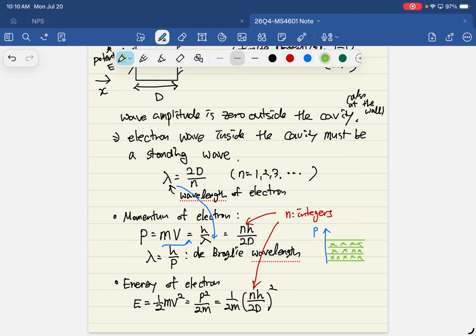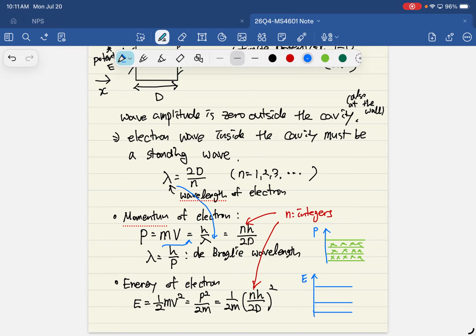And what about energy in this case? When n is 1, energy is going to be 1 over 2m times h over 2d, squared. But for the next one, n is 2, so the gap increases a little bit more like that.